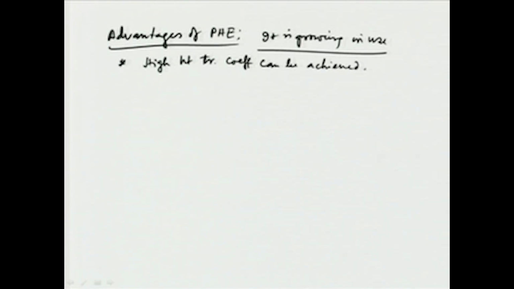As I told you, by changing the corrugation we can increase the heat transfer coefficient, and it is said that about 3 to 5 times higher heat transfer coefficient than the shell and tube heat exchanger can be achieved.